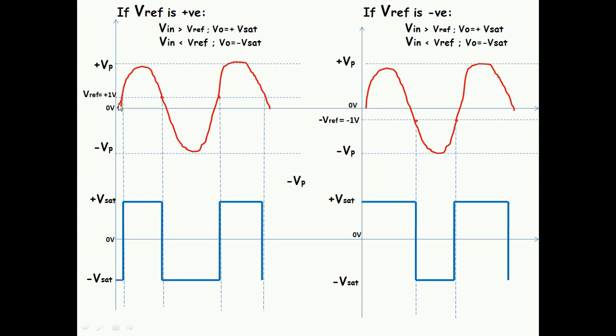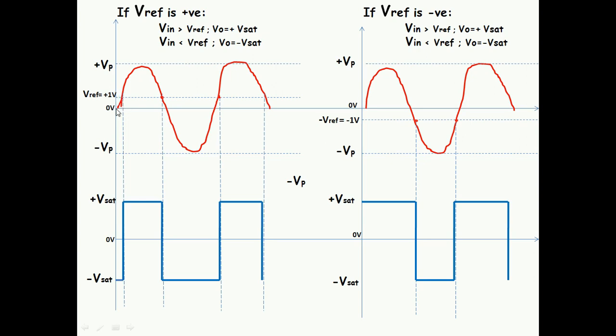Here you can see from here to here V in is less than V reference, isn't it? So V in is less compared to 1 volt. When V in is less than 1 volt, since it is connected to the positive terminal of the operational amplifier, V in is negative here. Negative in the sense it is less than 1 volt.